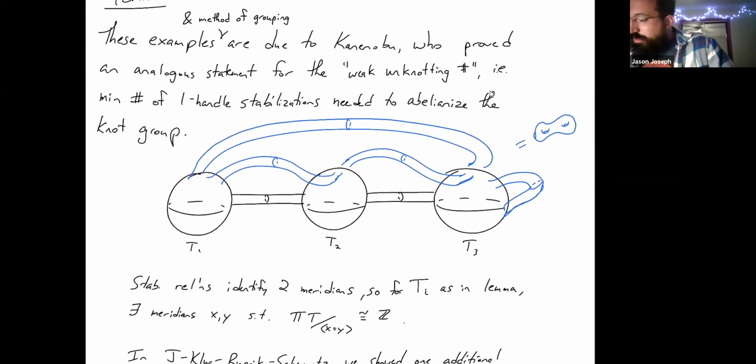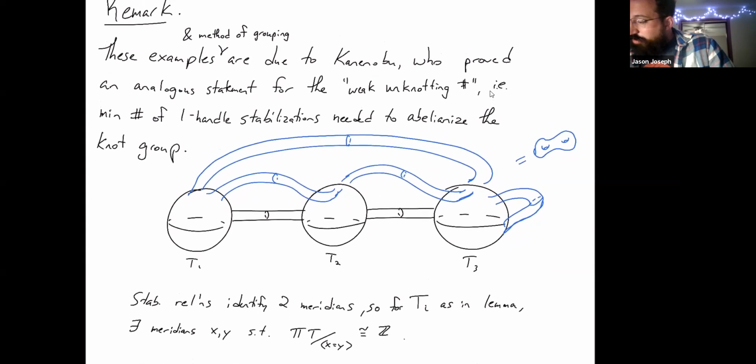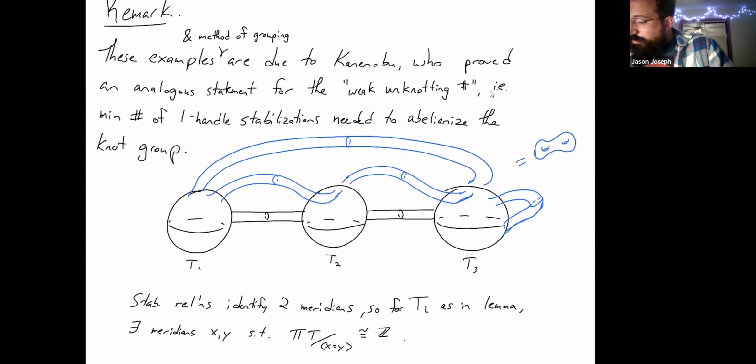And one note about the relation is when you do a stabilization like this, you identify two meridians. So there's some meridians X and Y, and you make them equal, and that abelianizes the group.